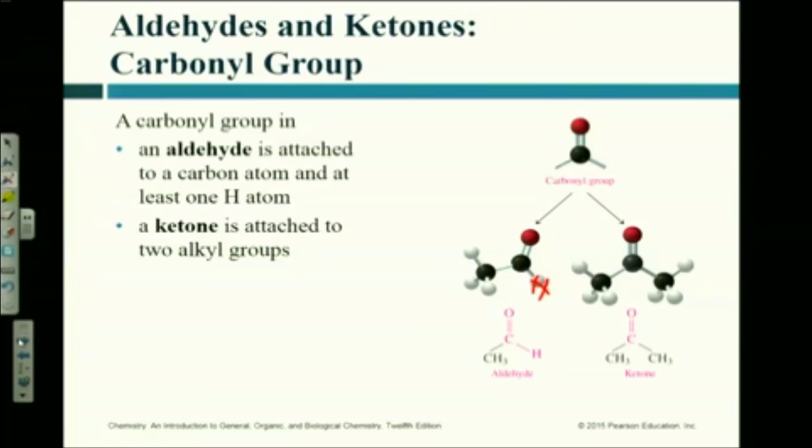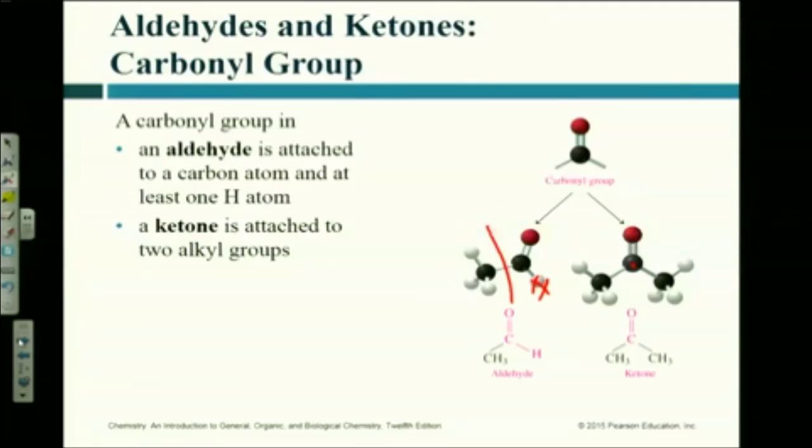There's no hydrogen on this carbon right here, so this must be a ketone. Okay? Another way to think about it is, when this carbonyl carbon is on the end of the molecule, it's going to be an aldehyde. When it's somewhere else in the molecule, it's a ketone. Okay? So if it's on the very end, there's going to also be a hydrogen on that carbon. It'll be an aldehyde. Okay?